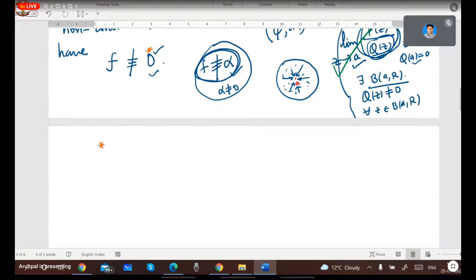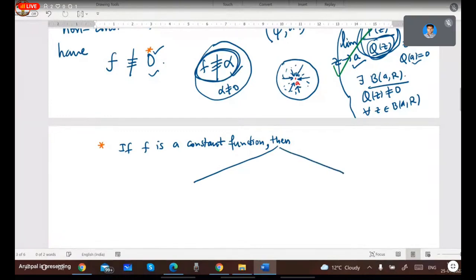So see, class, if f is a constant function, let's take a note of it, then you can have two situations. Number one, f(z) is equal to some alpha, where alpha is not 0, and this is for all z.